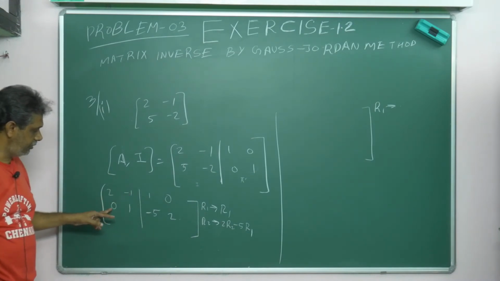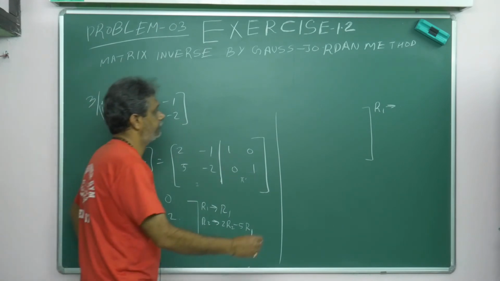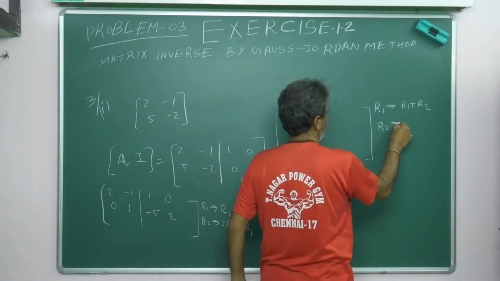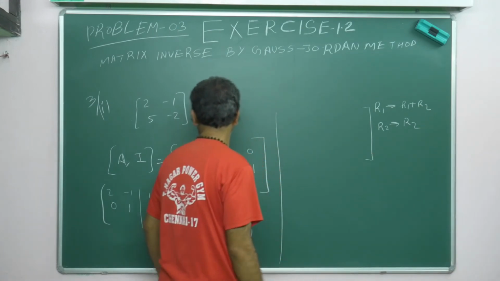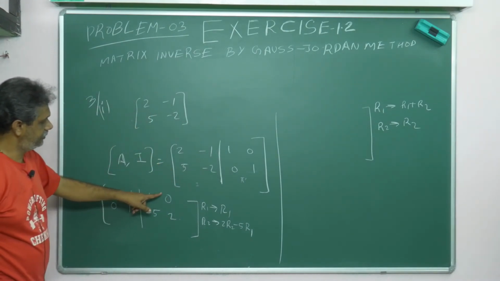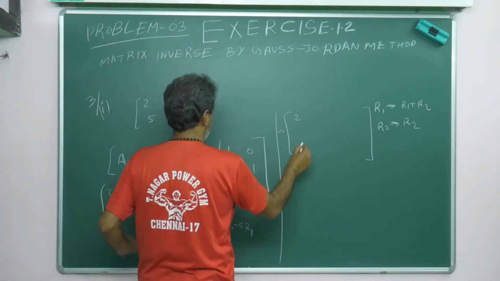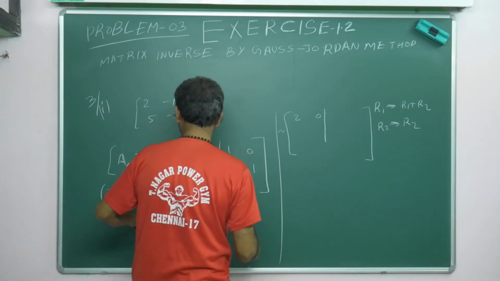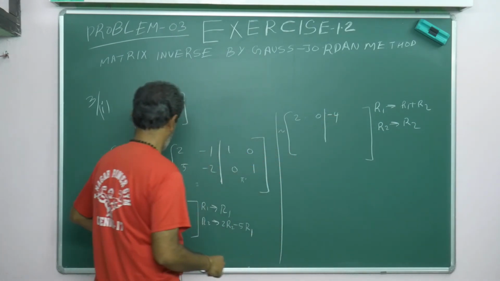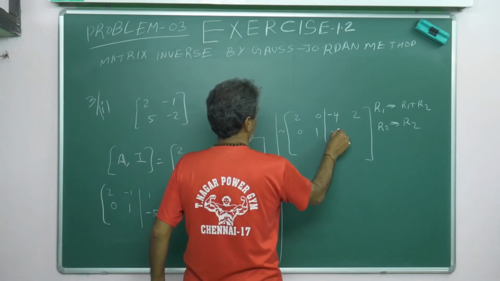If I use R2, because of this 0, nothing will happen to the 2. R2 gives R2. Now R1 gives R1 plus R2: 2 plus 0, 2; 0; minus 5 plus 1, minus 4; 0 plus 2, 2. R2 gives R2: 0, 1, minus 5, 2.